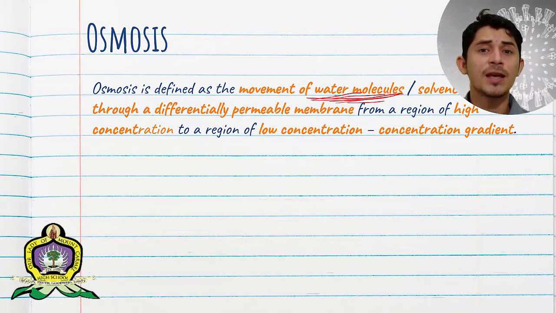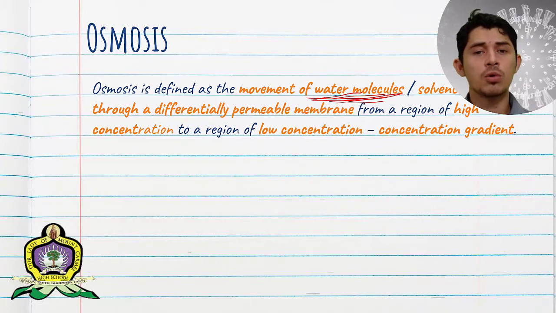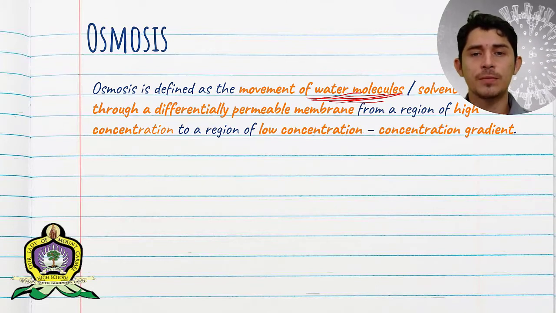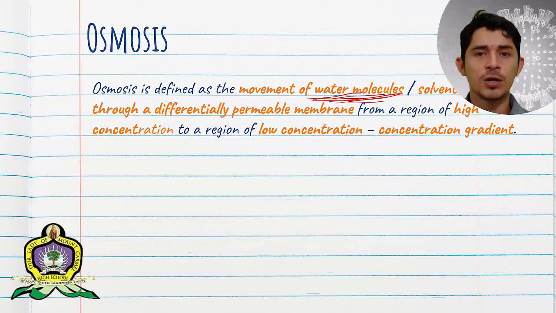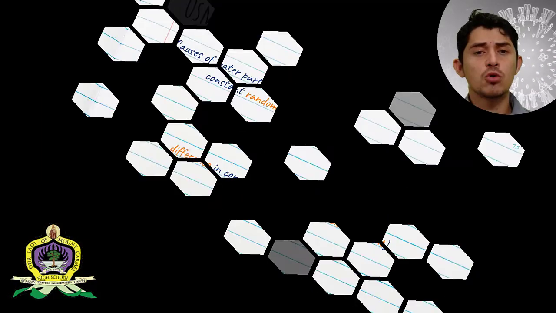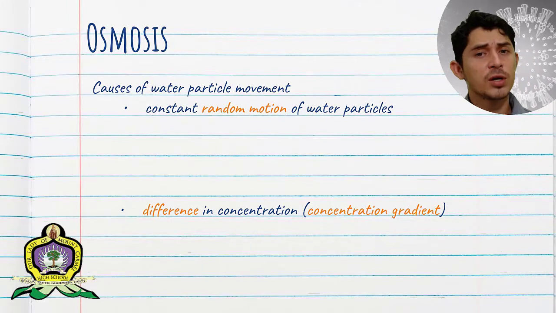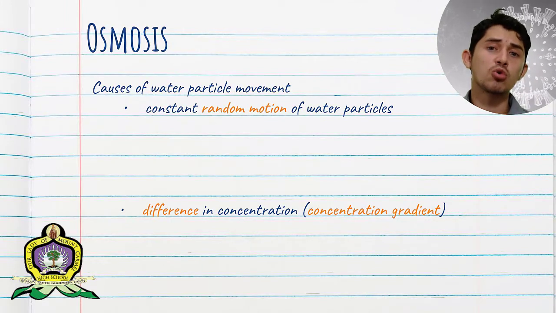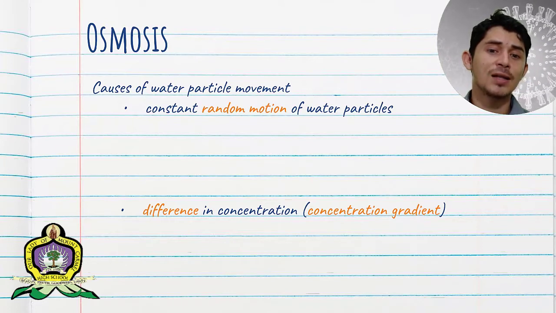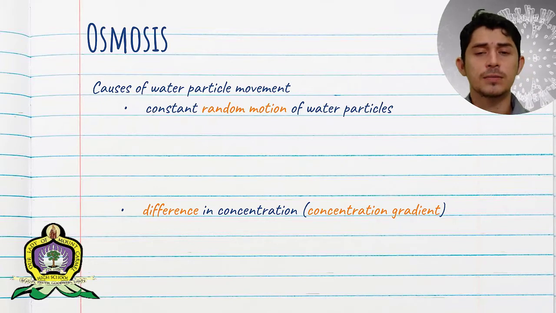It moves from an area where there's a lot of water to an area where there's less water. And this is more or less what osmosis is. And osmosis proves the particulate theory of matter because it shows that particles are in constant random motion and that matter is made out of particles.